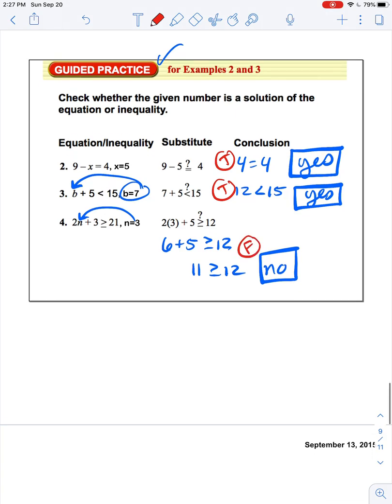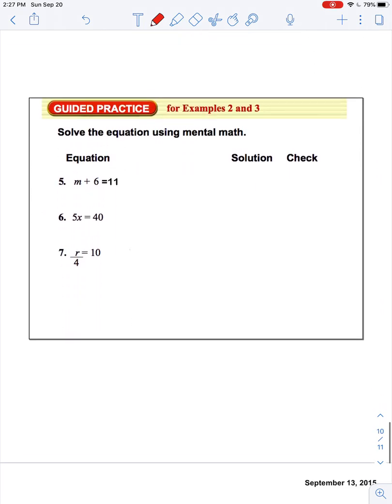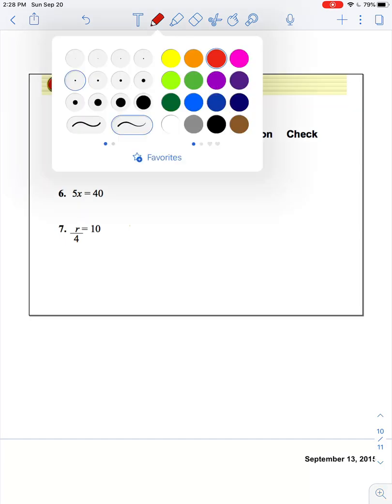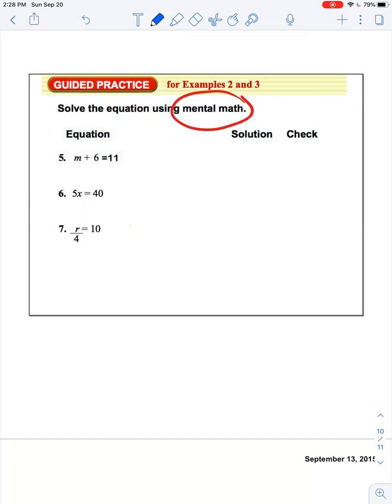Okay, hopefully that made sense. Otherwise, go back and look at the notes again. Here's some more guided practice where you're going to be using the mental math and thinking, trying to come up with a solution, and then showing that you can check your work. So take a minute to do that and see how what you're doing compares to what I'm doing.